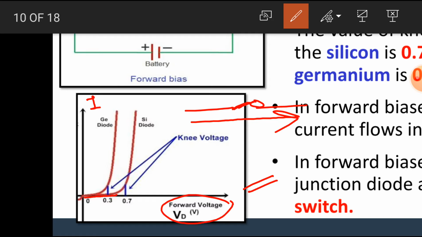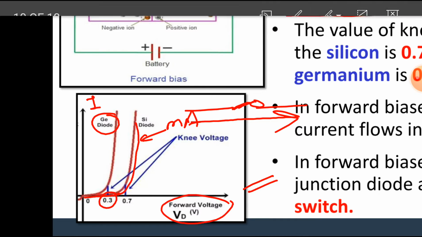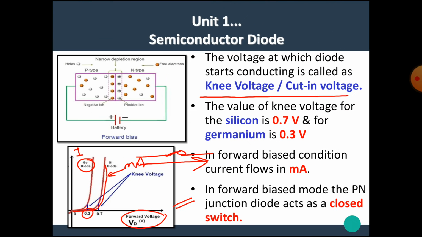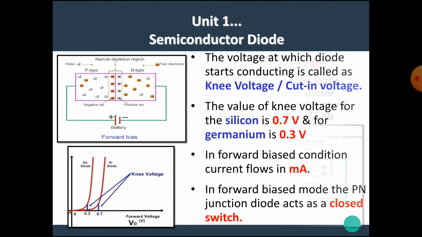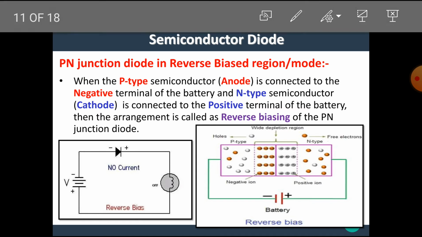But when 0.7 volt or a higher value of forward voltage appears, then the diode starts conducting a large current. This current is in milliamperes. This value is 0.3 volt for the germanium diode. I hope you all understand the PN junction diode in forward biased mode.